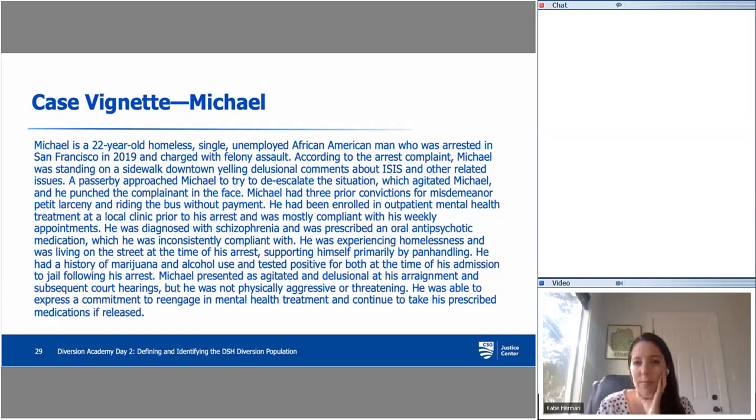Also, focusing on housing, we talked about step-down housing and supportive housing, step down from the jail if they spend a long time in the jail, with med compliance, and then supportive housing after that. And also the history or lack of history of violence was key to them being a suitable candidate for diversion.